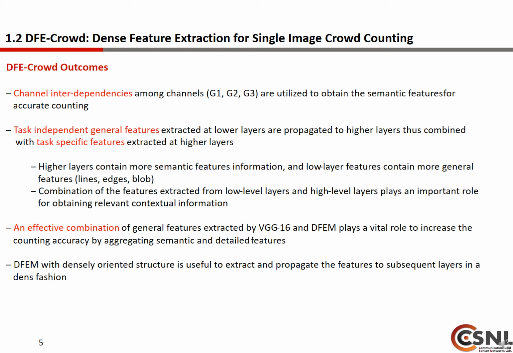So this model is basically composed of an effective combination of a VGG16 based general feature extraction module and a densely connected DSCs based dense feature extraction module, and the combination of these two is very effective to obtain accurate crowd counting.